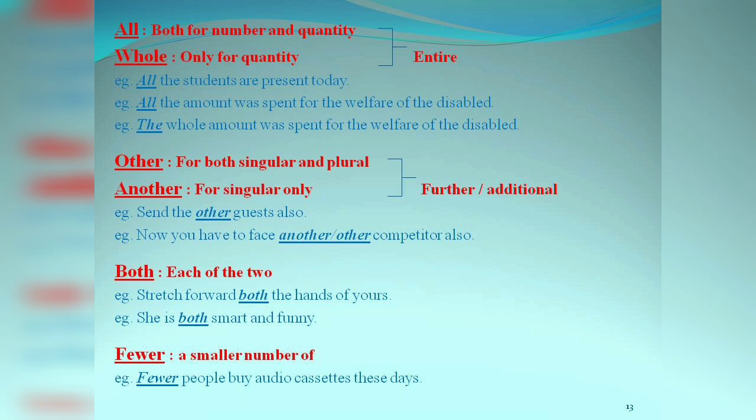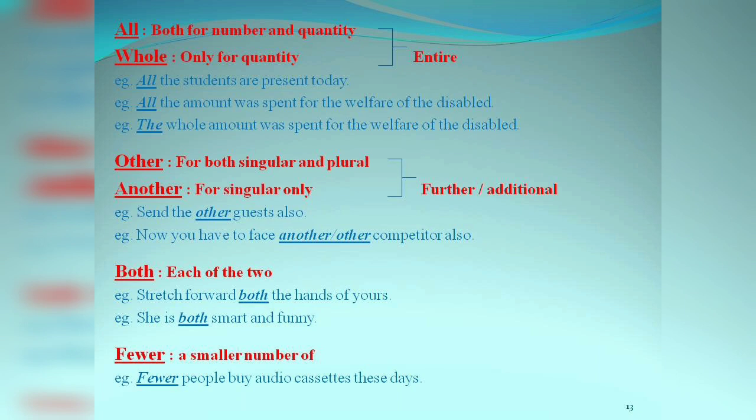Like, send the other guests also, because the noun guests is plural, we have to use here other. Now you have to face dash competitor also. Competitor is a singular noun, so here you can use another and other also, because other is universal in its use.